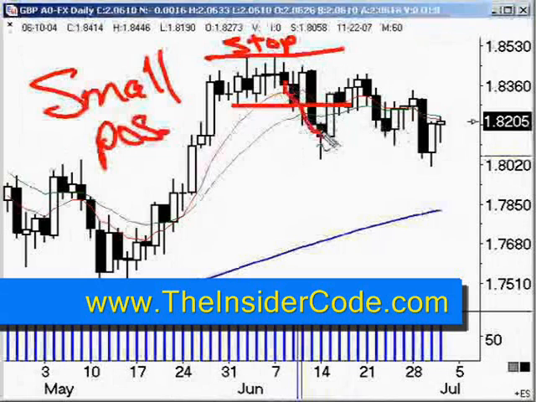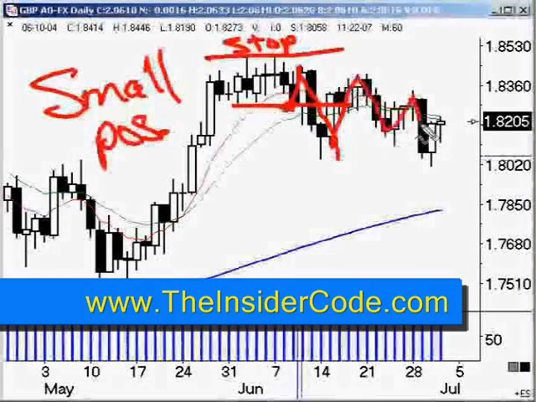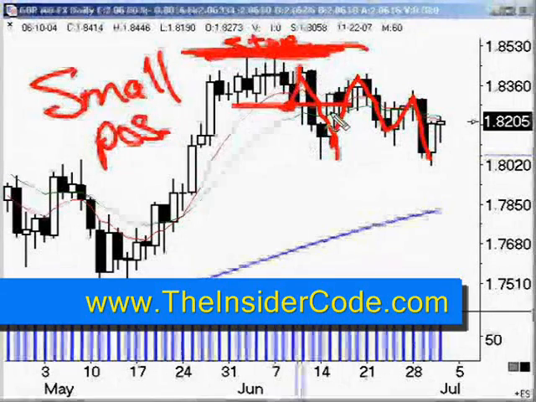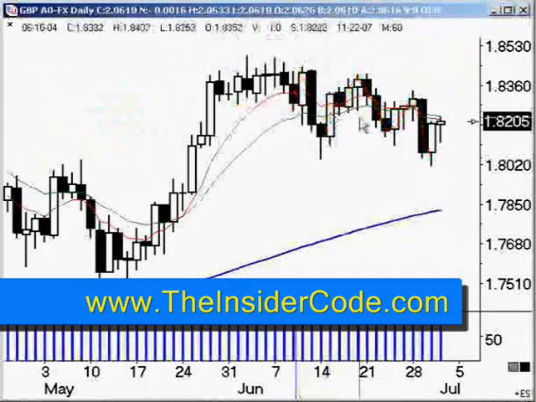So if we go short, boom. I mean, look at this. You go short right here, the market immediately turns back around and then eventually falls through and then kind of goes sideways a little bit. But by having our stop above the range, we're protecting ourselves. And because we have a small position, we're not taking on a lot of risk.